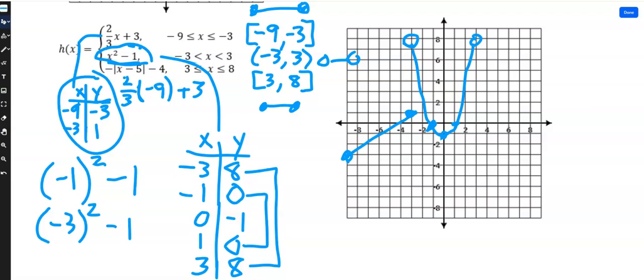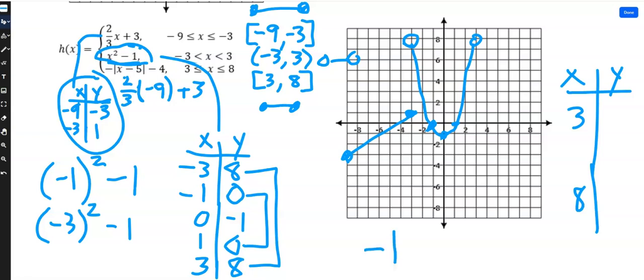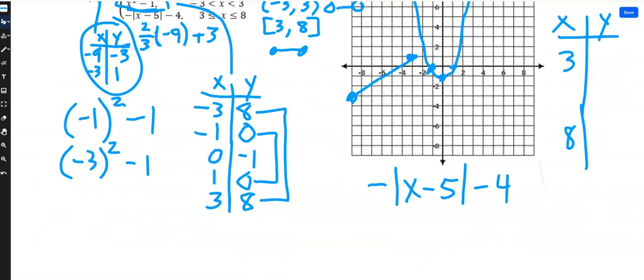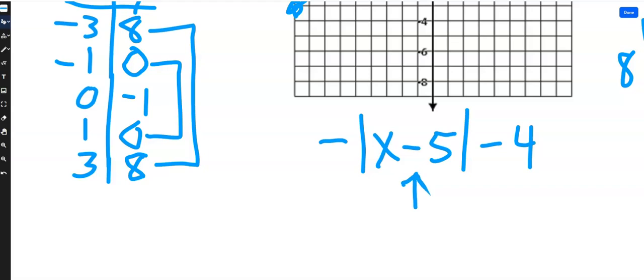Now we have the last one, which is the absolute value function from 3 to 8. Now, truthfully, I probably need to at least get myself started with the 3 and the 8. But remember, there's going to be other stuff in between, so maybe I have to put in more values. This has been moved 5 units to the right, right? So opposite, let's just analyze this part and see if that makes sense. It's 5 right.